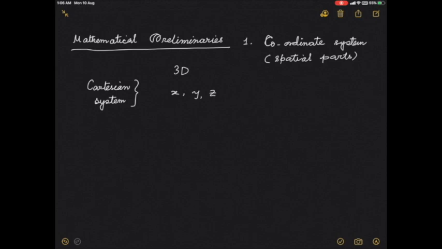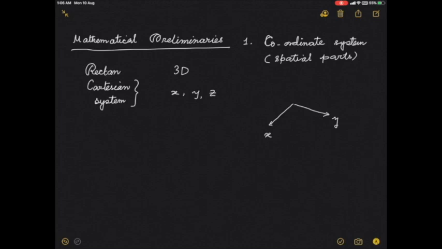And how does this x, y, and z change? So I can draw a picture here where x changes like this along a straight line, then y changes along a straight line which is perpendicular to that. So when I say Cartesian, this is rectangular Cartesian coordinate system.